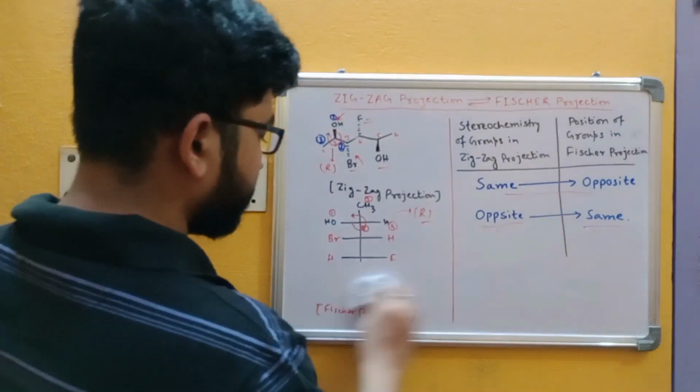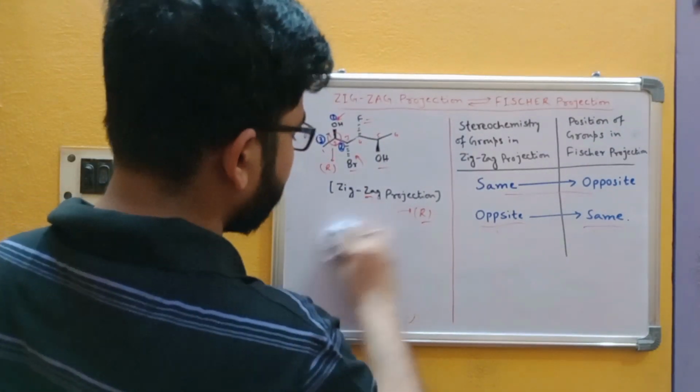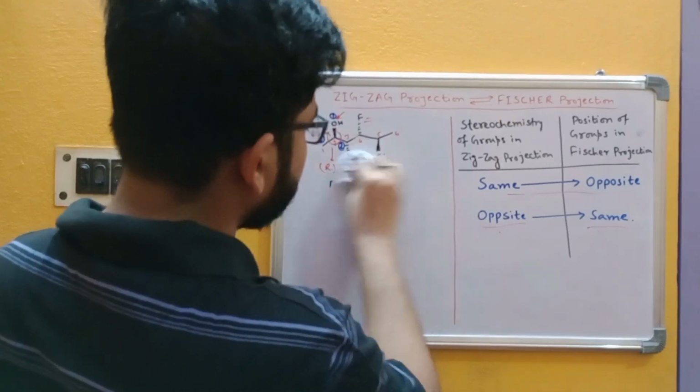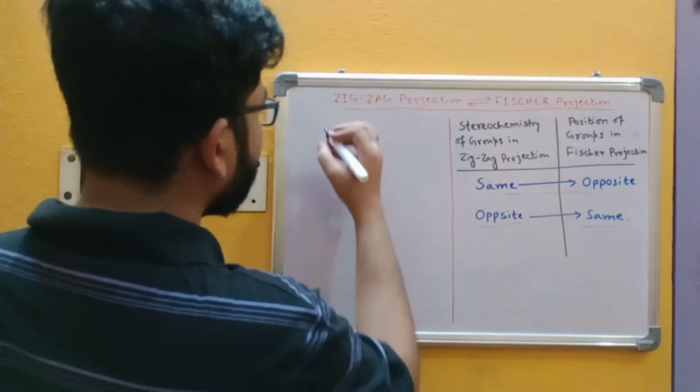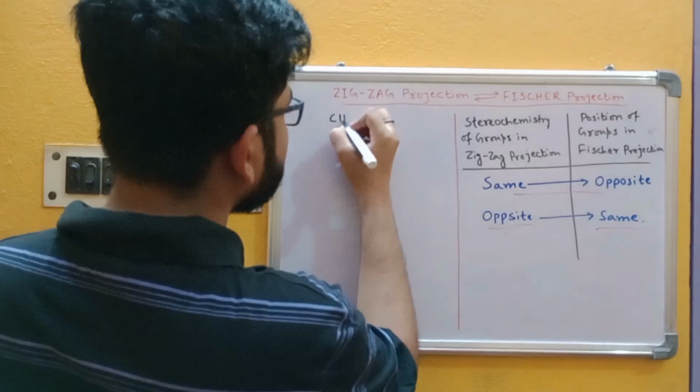Now we will take an example of Fischer projection and we have to convert this into zigzag. Suppose we take D-glucose.